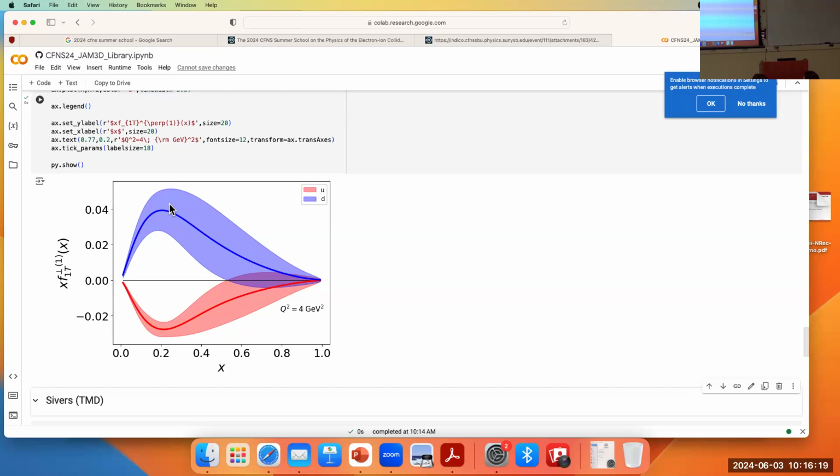Before we finish, I was talking about the probabilistic interpretation of the functions that we extract, in particular PDFs. At the lowest order, we have a probabilistic interpretation.